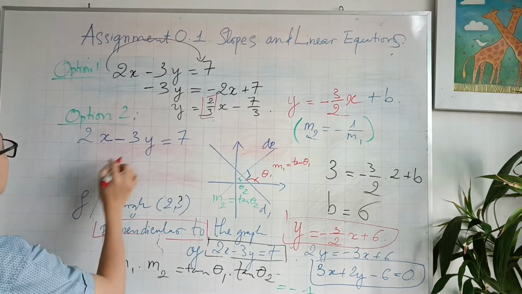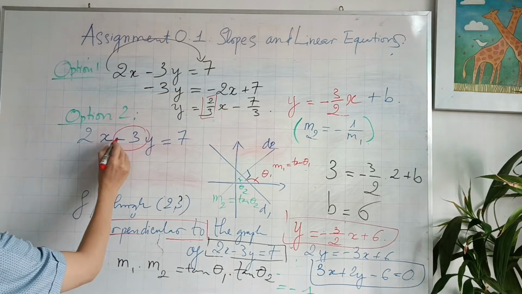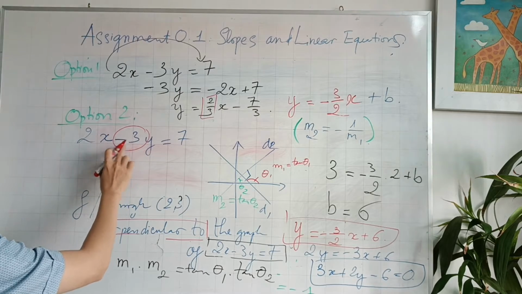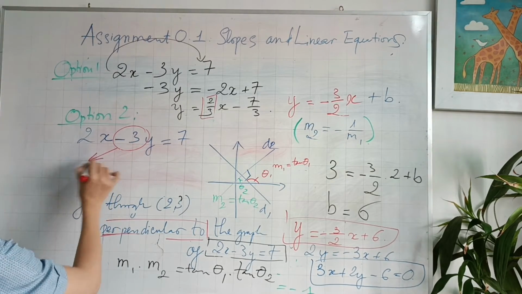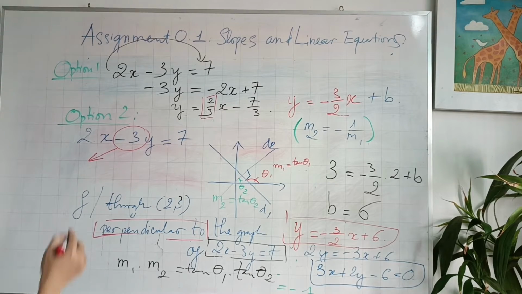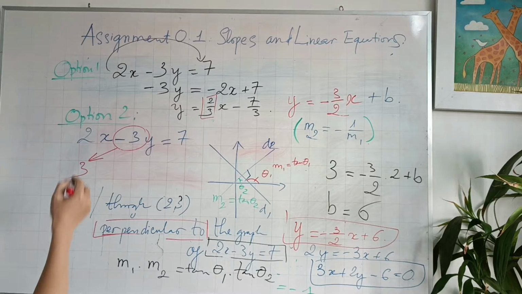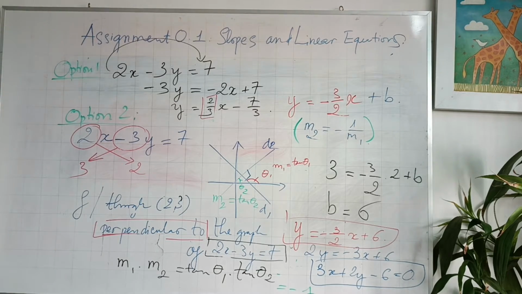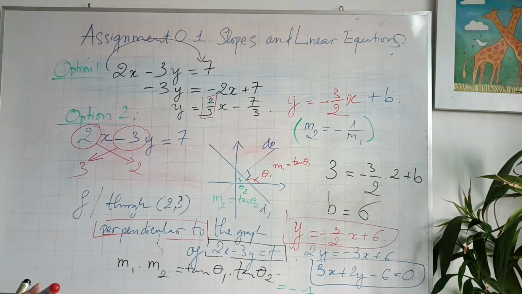You must take the sign before the coefficient, so we have negative 3 become positive 3, and 2 here is also 2. You change the sign of only one of the coefficients.